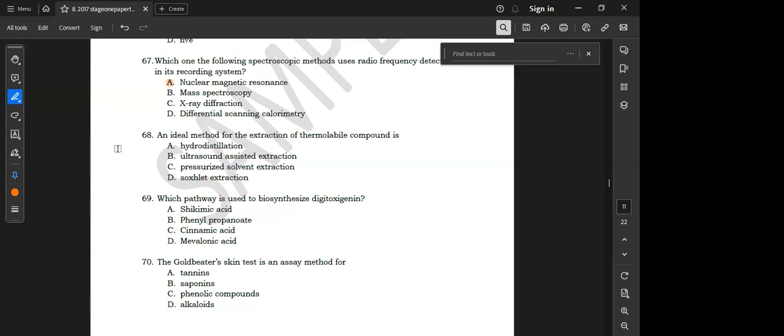An ideal method of extraction of thermolabile compounds is: air hydrodistillation, ultrasound-assisted extraction, pressurized solvent extraction, or Soxhlet.